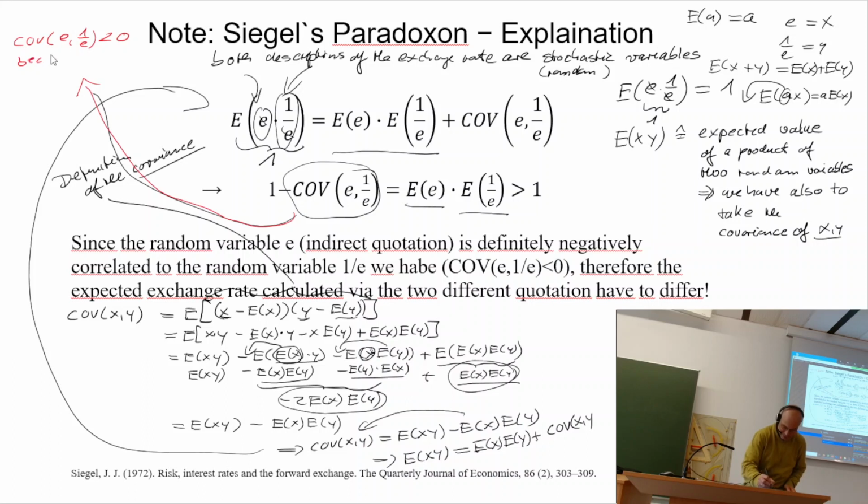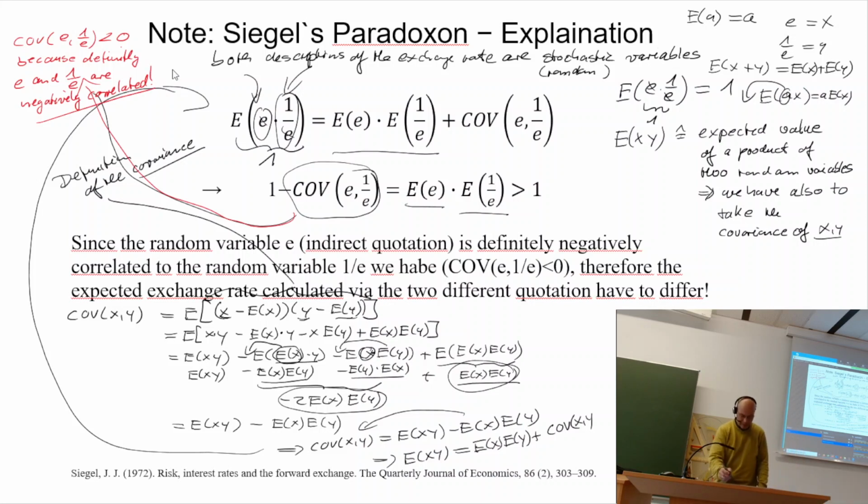Because definitely E and 1 over E are negatively correlated. Well, here I have written it also down here.